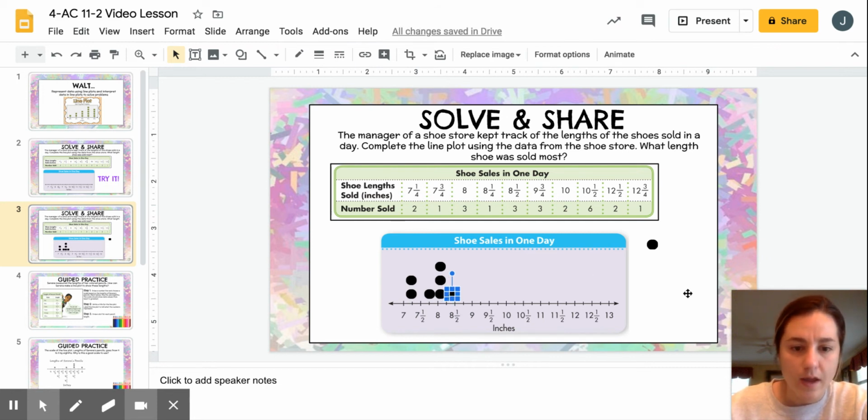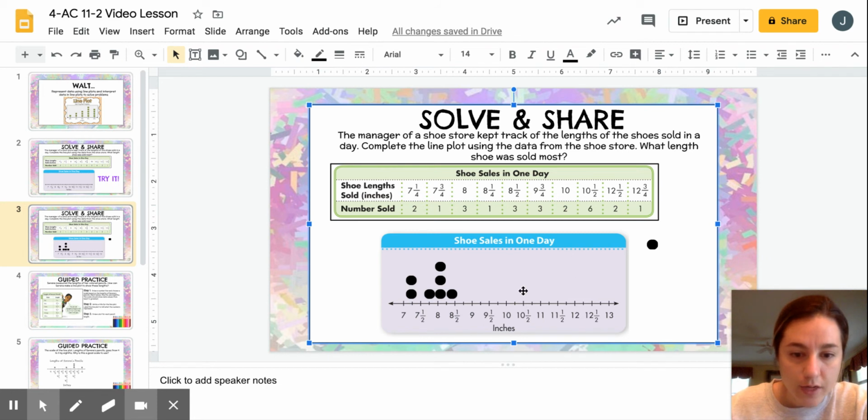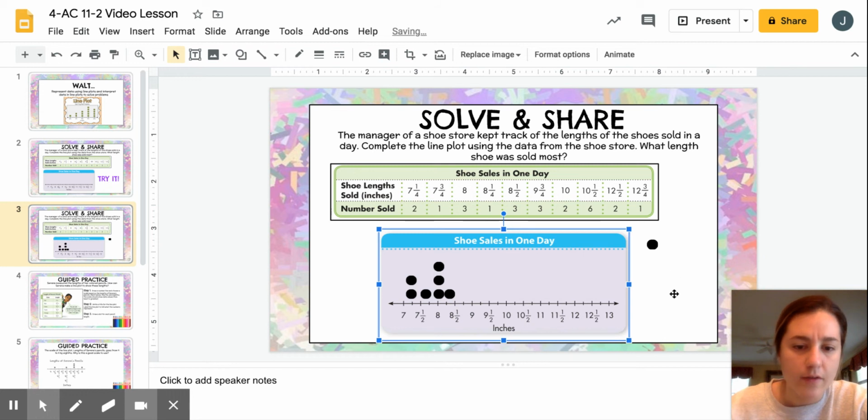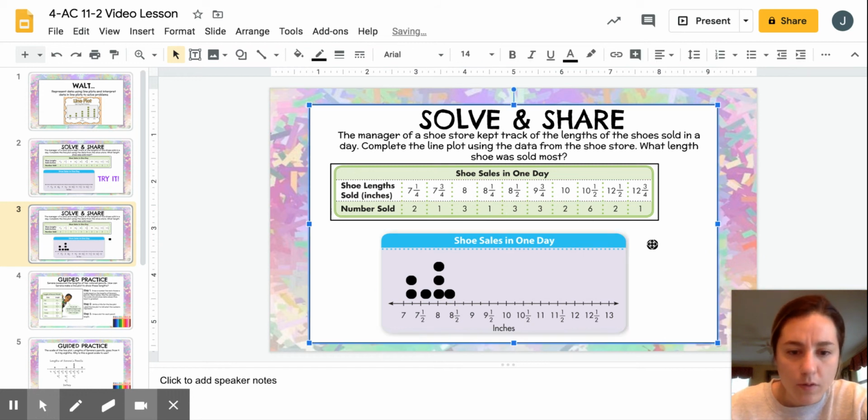Okay, 8 1/2 has 3. You know what? I'm going to just move them, and you can play with them as you go. These are a little bit big for the graph. 8 1/4, and that's okay if they're touching, but 8 1/2 has 3.